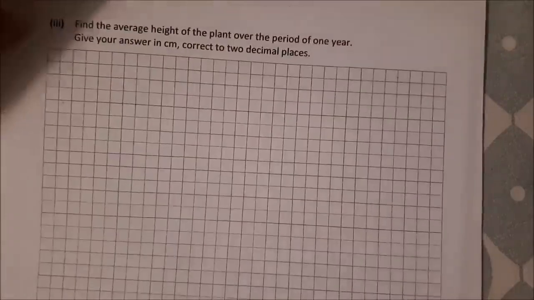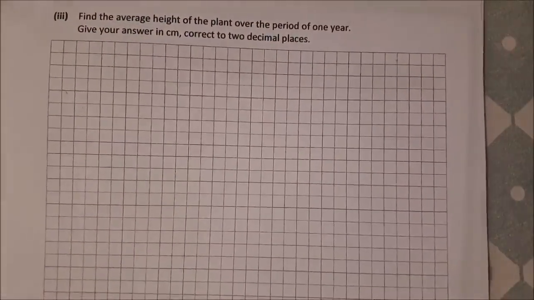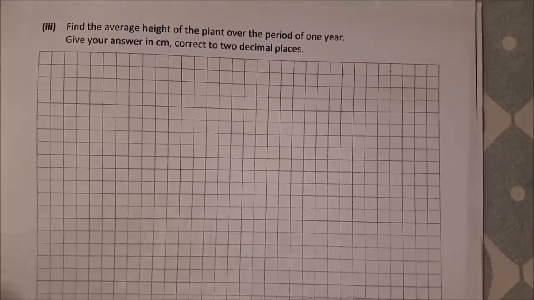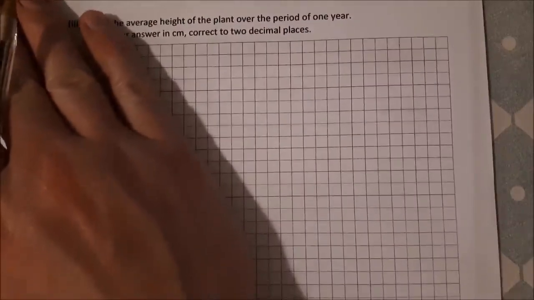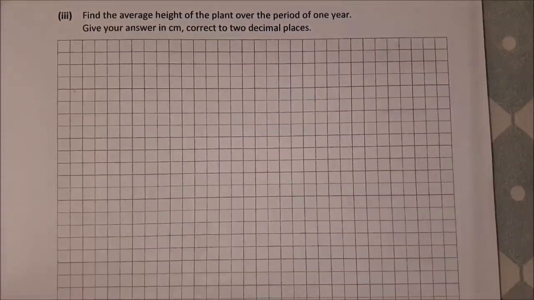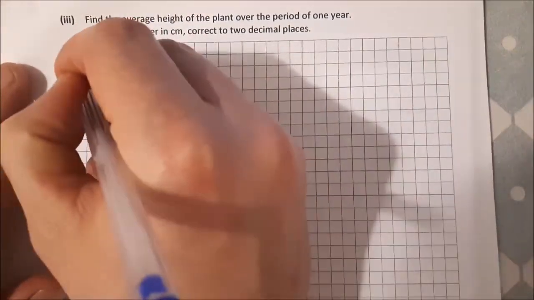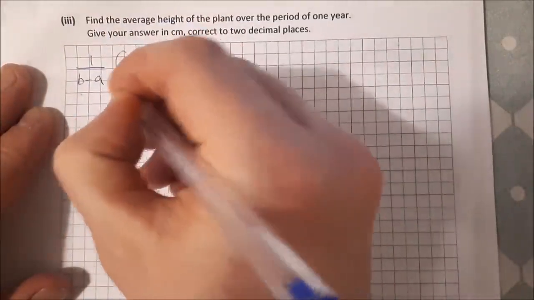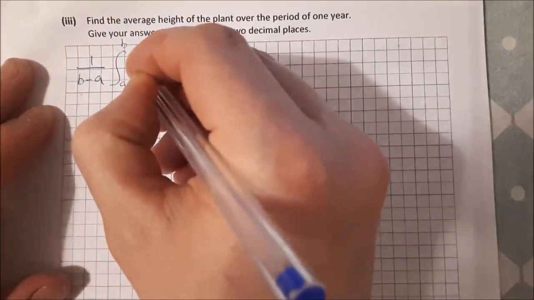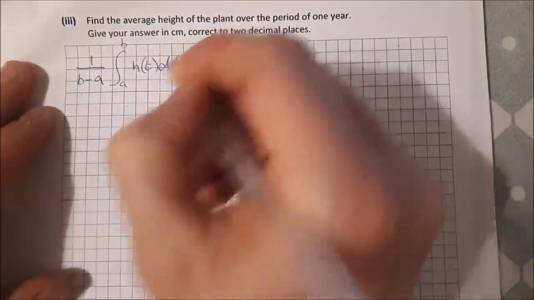Okay, so on to the last part of the last question in this mock exam. Find the average height of the plant over the period of 1 year and give your answer in centimeters correct to 2 decimal places. So this is the average height formula. So the average height is 1 over b minus a times the integral from a to b of our function h(t) dt.